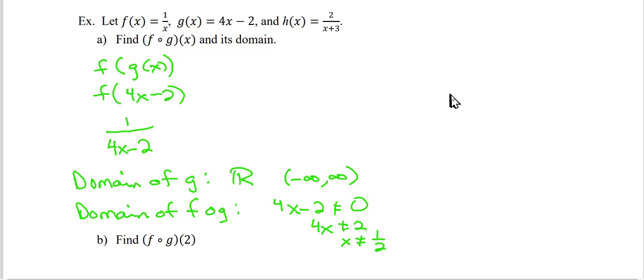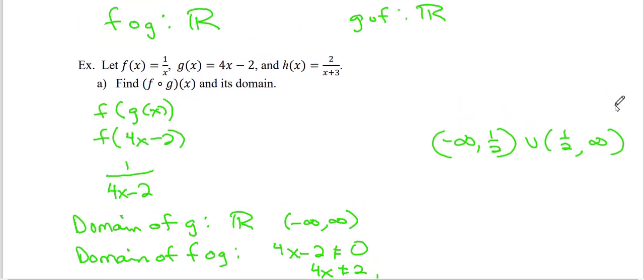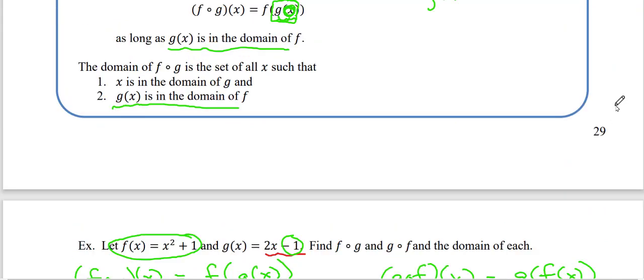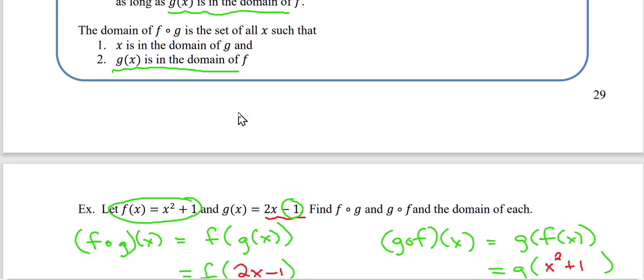So our answer here is going to be negative infinity to 1/2 union 1/2 to infinity. And the reason for that is this second bullet point up here, or the second condition, g of x has to be in the domain of f.